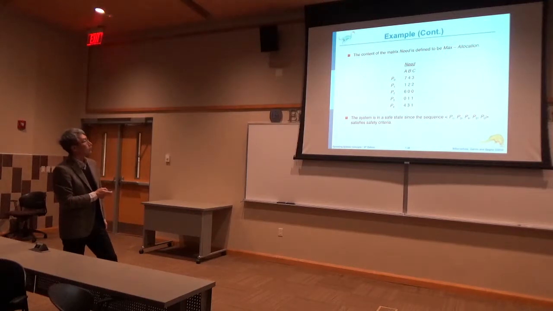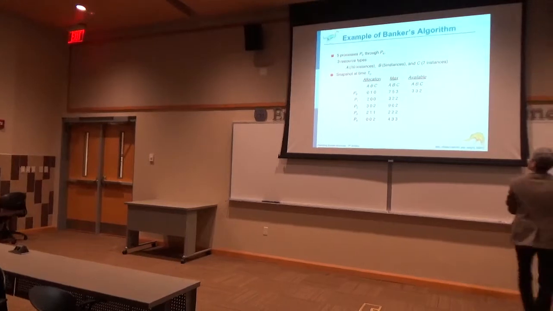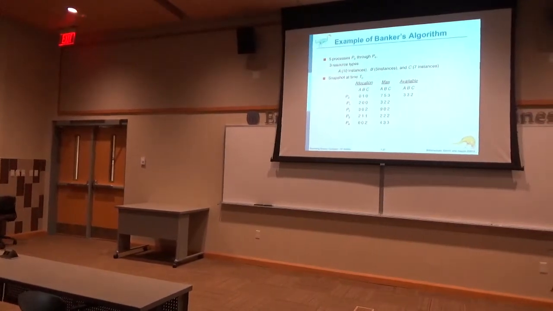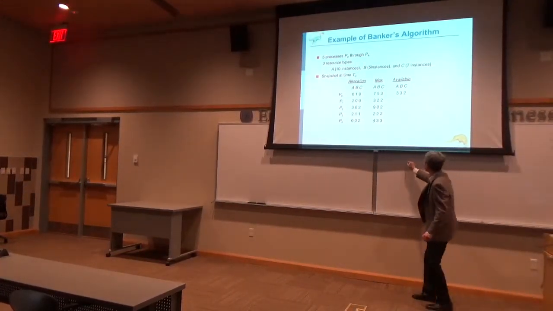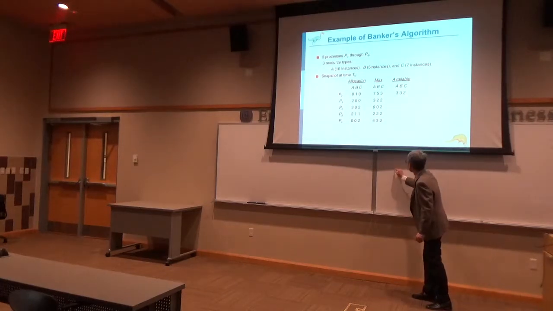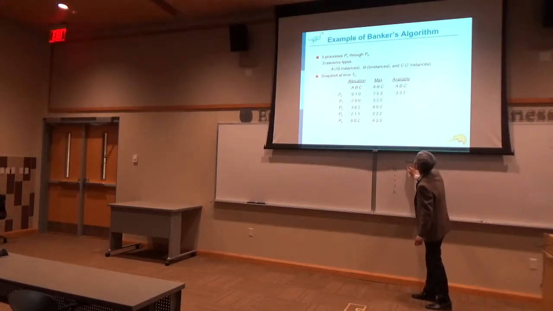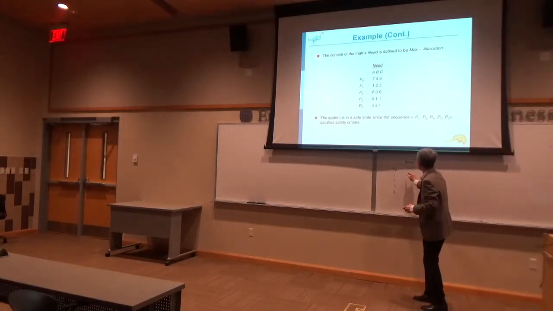How can we do that? We need to find the need for P0, 1, 2, 3, 4, which is max minus allocation. So 7, 4, 3, then 1, 2, 2, then 6, 0, 0, then 0, 1, 1, and 4, 3, 1.